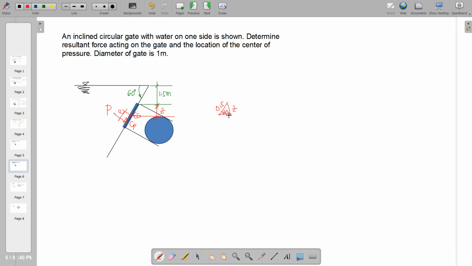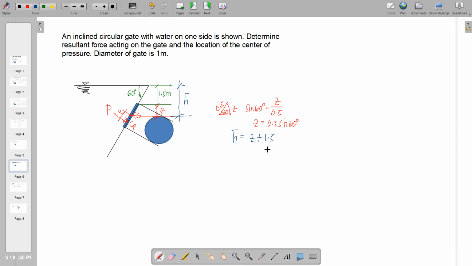So we can relate Z and 0.5 by a function of sine. We can say that sine 60 is equal to Z all over 0.5. So hence Z will be equal to 0.5 sine of 60 degrees.